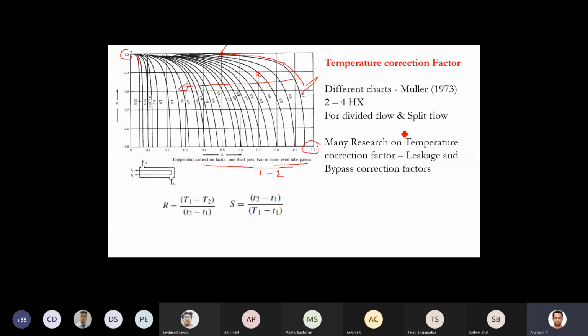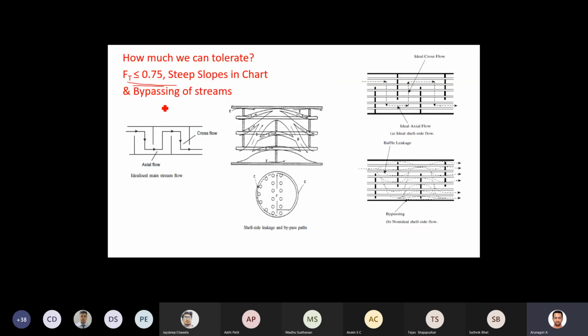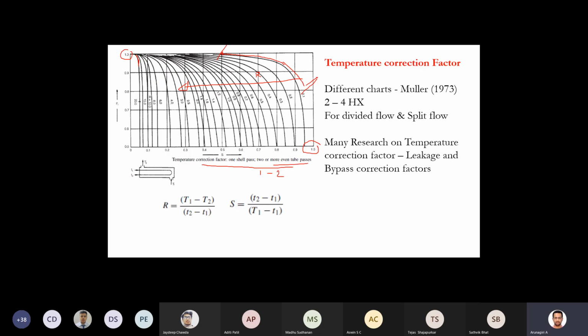So what is the limitation for these values? FT should be above 0.75, because of the steep slopes in the chart. After that, there is no change in the value of your FT, even at constant value of S. Here you can see this is the linear portion, this is the non-linear portion.